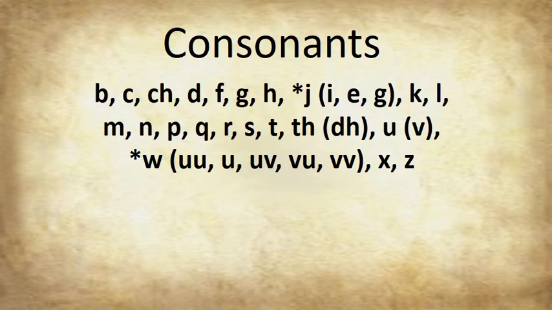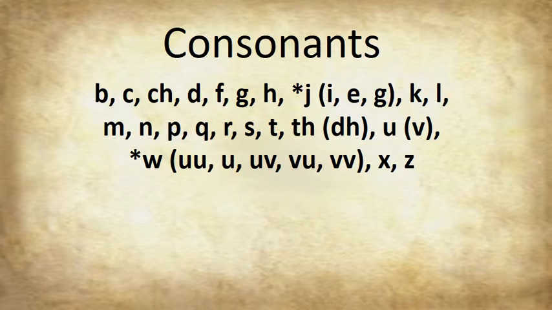Next, we have asterisk W. Yes, because W as we know it does not appear in any Old High German manuscript. Rather, we have these combinations, as you can see on the screen. For those of you who are watching, great, but for those who are listening, please take a look.